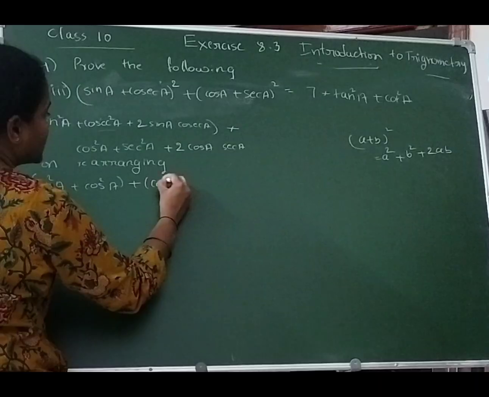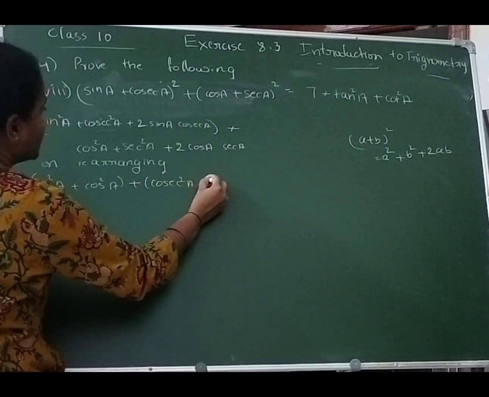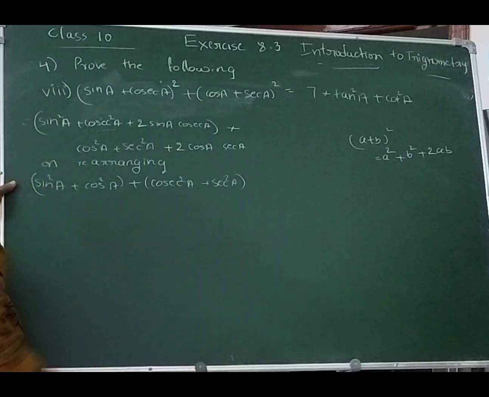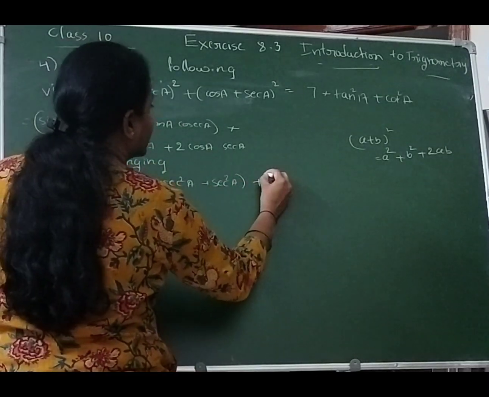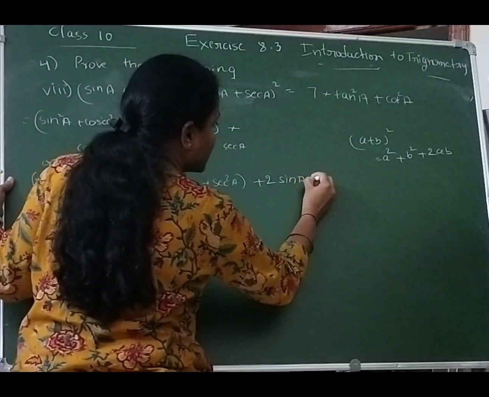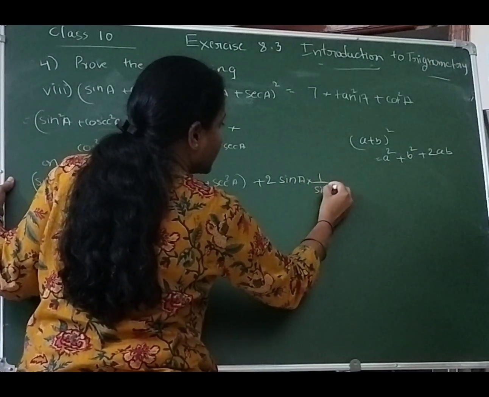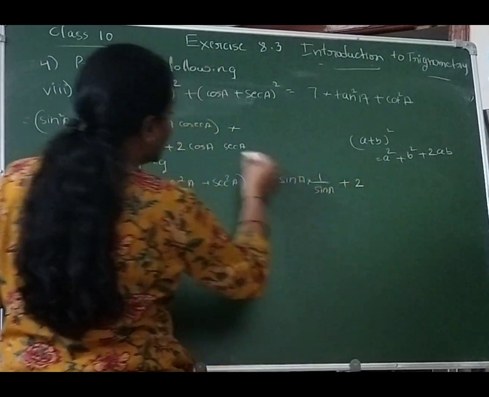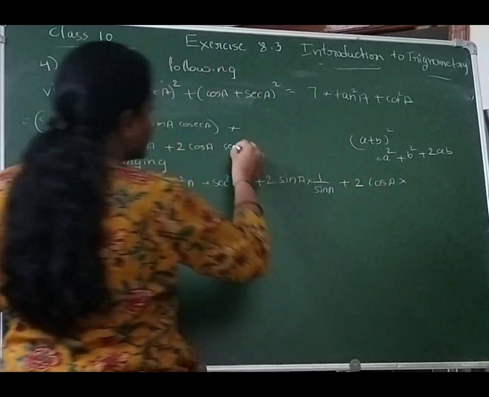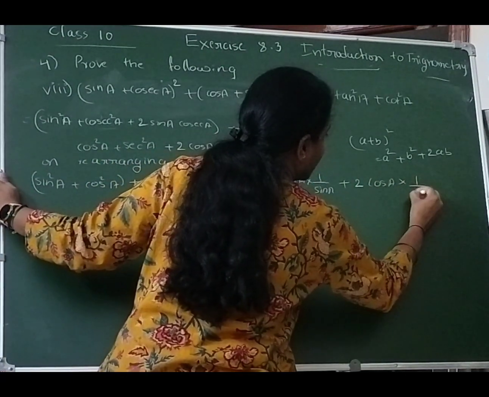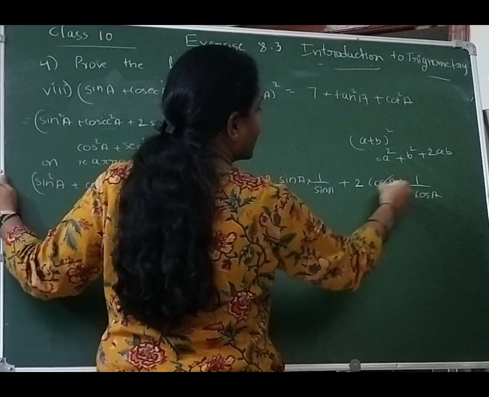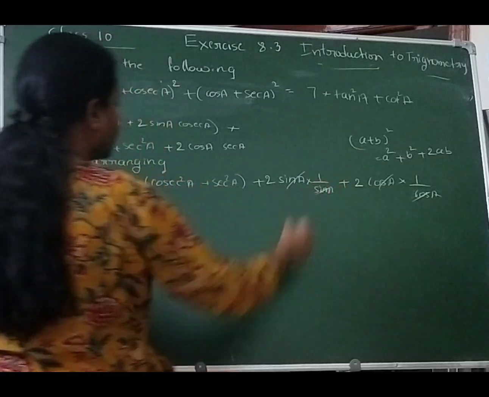Next the remaining terms, cosec square A plus secant square A, plus the remaining terms 2 sin A. We know cosec A is the inverse of sin A, so we'll write it as 1 by sin A, plus 2 times cos A, and secant A in terms of cos A is 1 by cos A. So cos A will get cancelled and sin A will get cancelled.